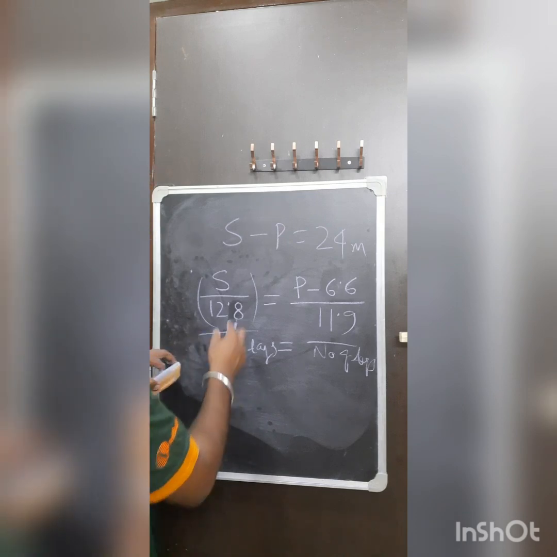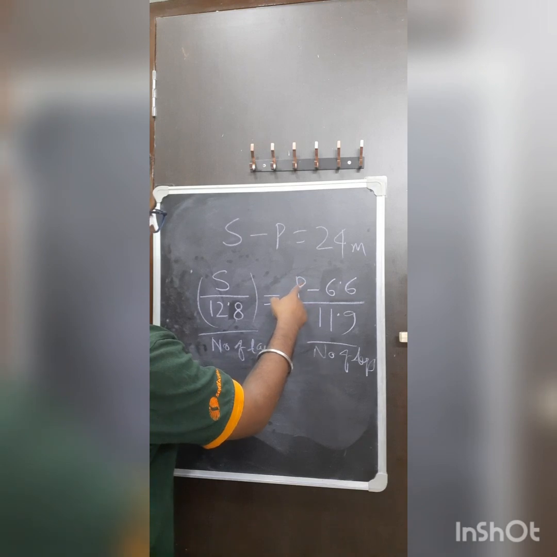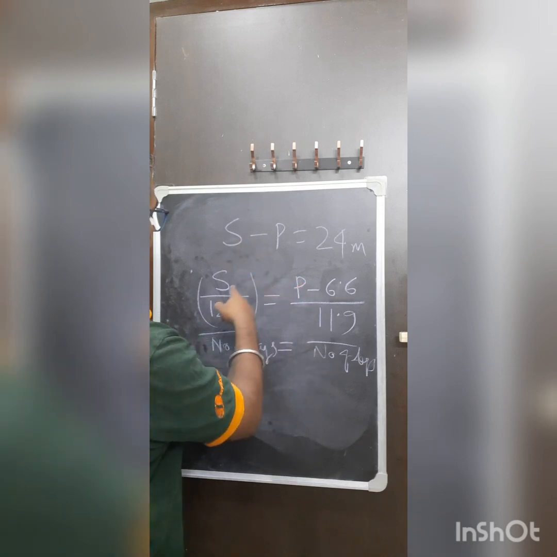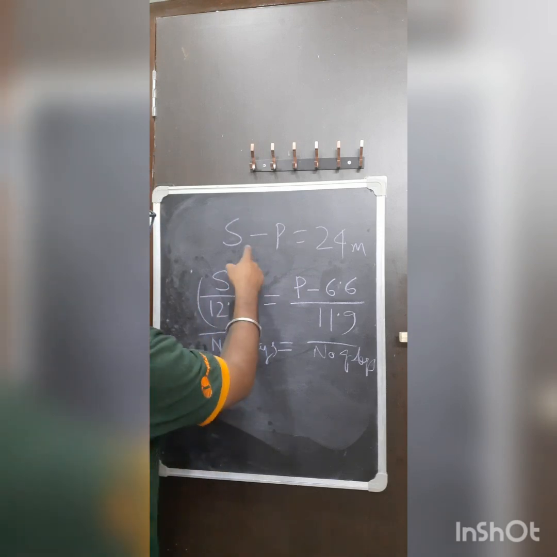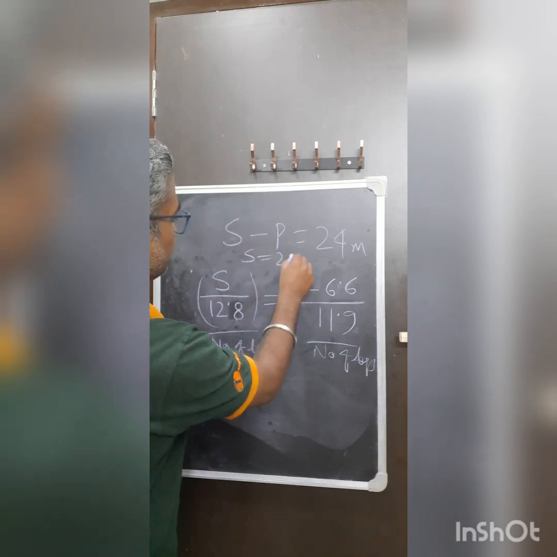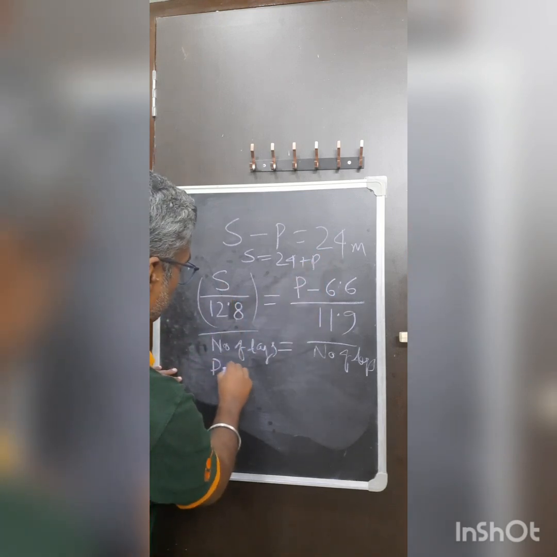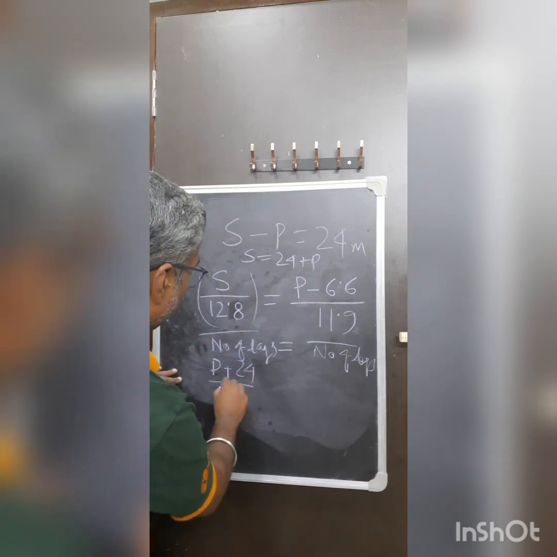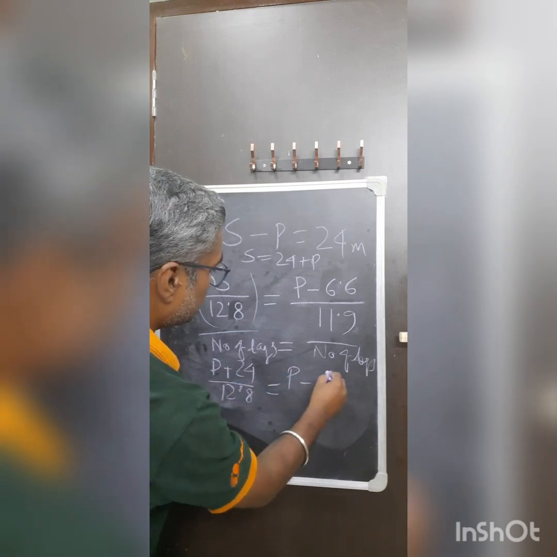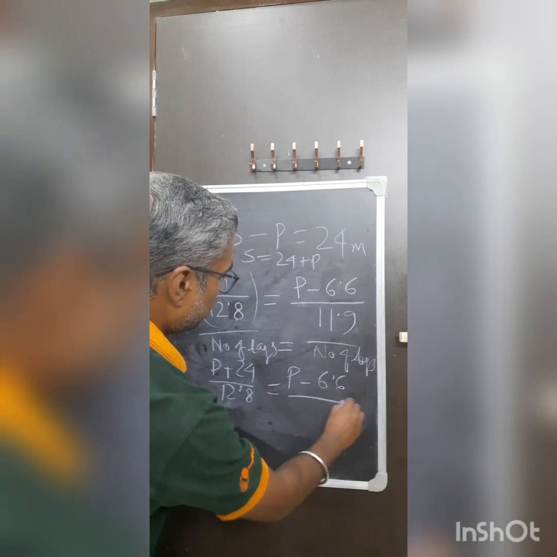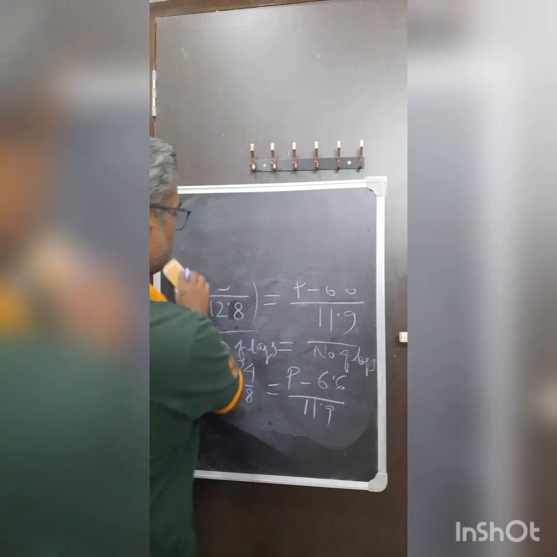Now from the first equation, let's say I put the value of S in place of P. So S equals 24 plus P. If I put it here, P plus 24 by 12.8 will give you P minus 6.6 divided by 11.9.